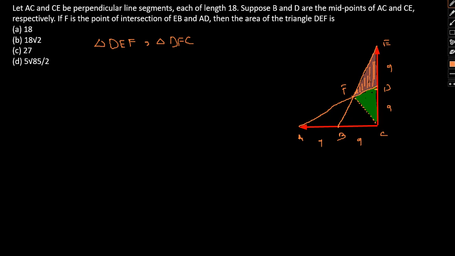So D is the midpoint, so we can share the height, and the base will be the same, so they will have equal areas because of the same base and height. Because they have the same base and height, this will be equal to the area of triangle BFC.